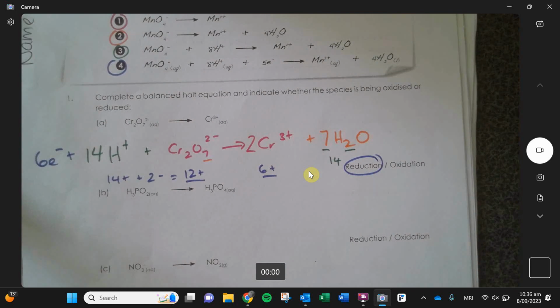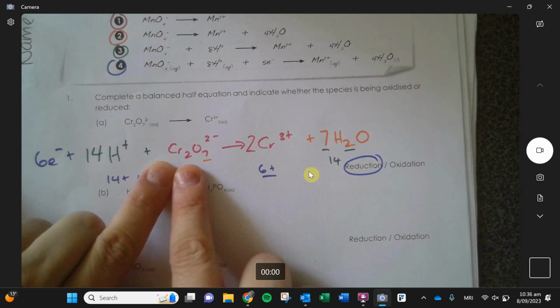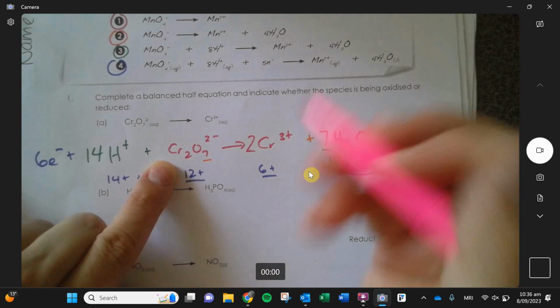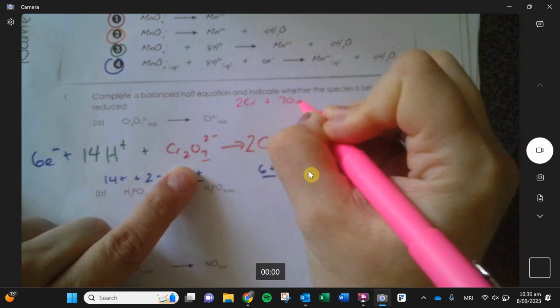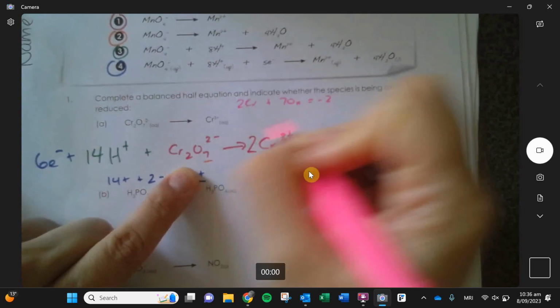If I want, I can double check this with the oxidation numbers. So I'm just going to do that in pink. Chromium in this case, if we were doing the oxidation math, we have 2 chromiums and 7 oxygens, making a negative 2.